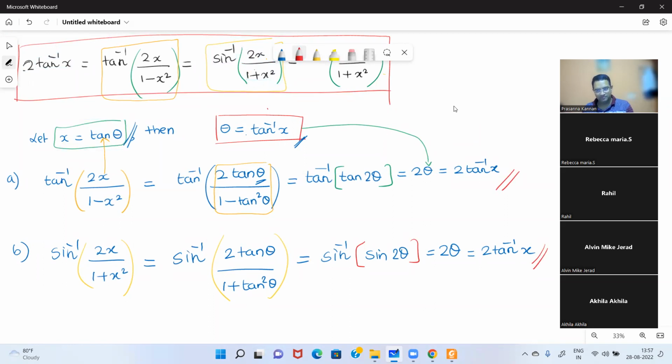Clear? Without knowing that formula, that 2 tan theta by 1 plus tan square theta is sin 2 theta, you cannot proceed in this one, correct? There is a strong correlation with trigonometry. That's why I did those, right?